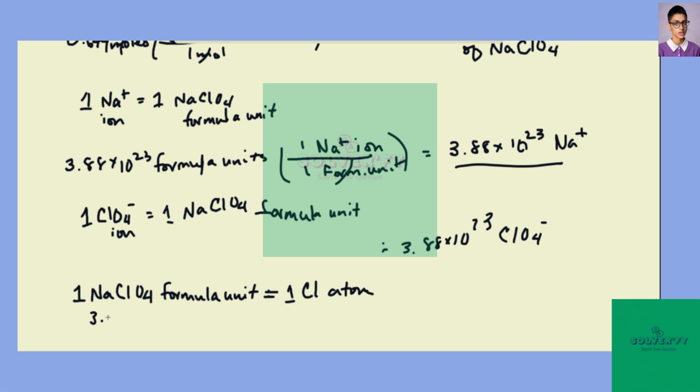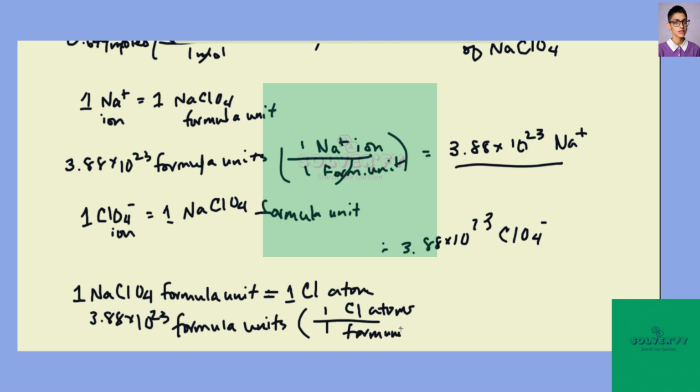So if I have 3.88 times 10 to the 23rd formula units, I should have the same amount of chlorine atoms, or 3.88 times 10 to the 23rd chlorine atoms.